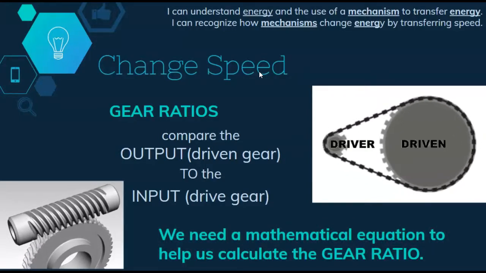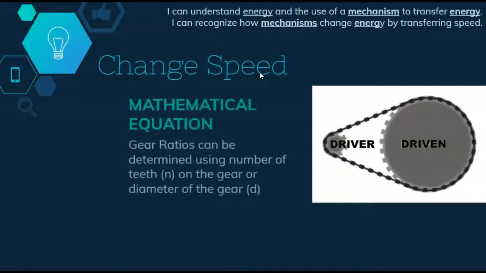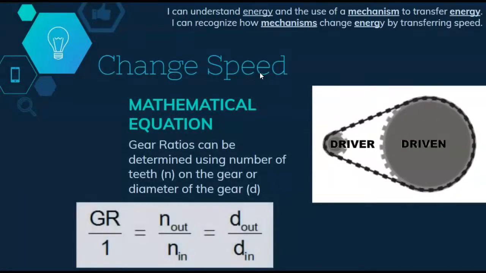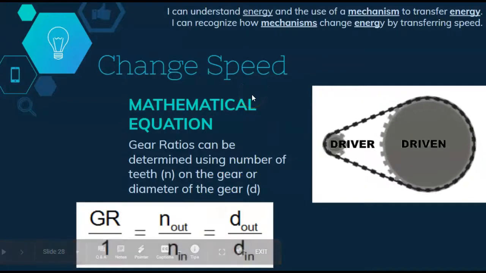So again, we have to calculate that gear ratio, and we're going to use a mathematical equation to do so. The mathematical equation that we will use is down below. We're going to be comparing the number of output teeth to the number of input teeth.